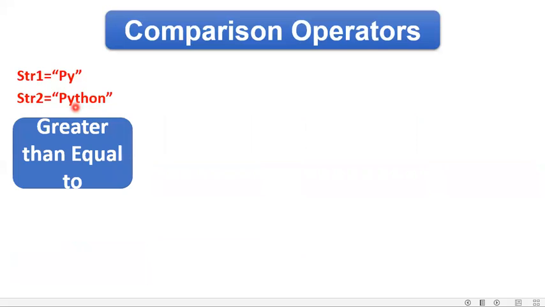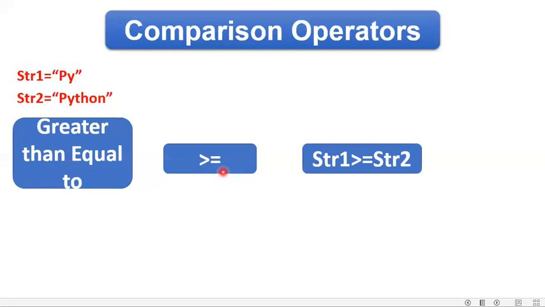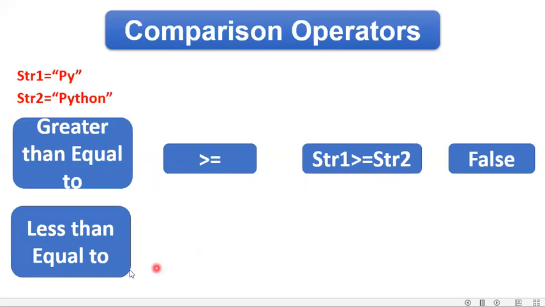Next, greater than equal to. It is denoted with the greater than and equal sign. That means either the string can be greater than another string or it can be equal to it. If we check whether str1 is greater than equal to str2, I'll get the result false, because it is neither equal to nor greater than. Next, less than equal to. It is denoted with the less than sign along with equal to.